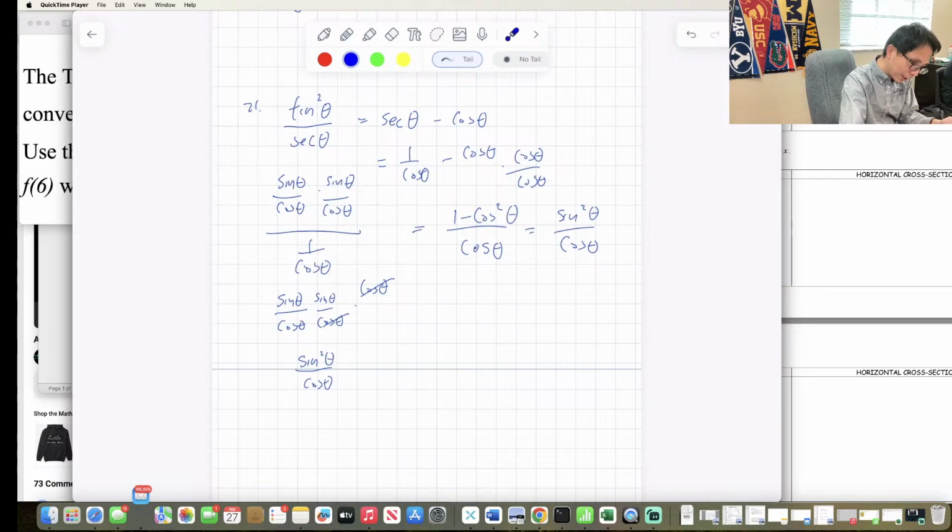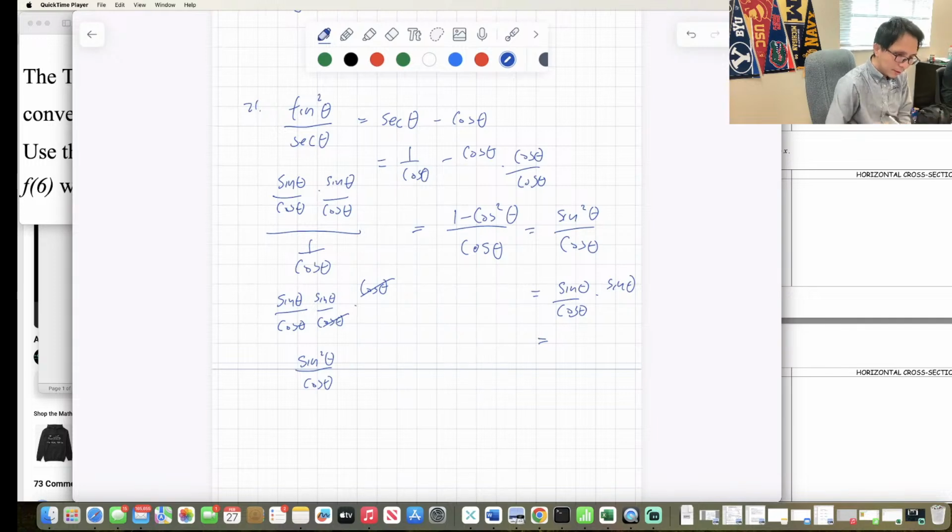So that's equal to sine over cosine times sine theta. So that is equal to, I don't know, I think there must be a shorter way. So tangent theta, sine theta, and I can divide top and bottom by sine theta, cosine theta.